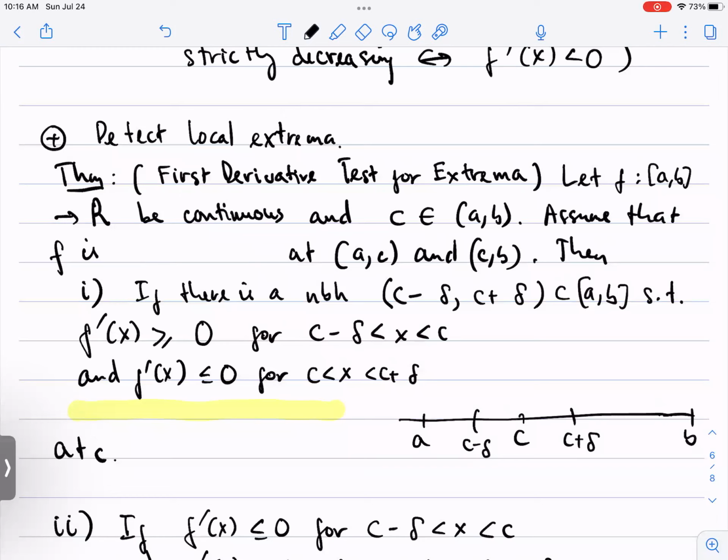Assume that f is differentiable on the open intervals (a, c) and (c, b).